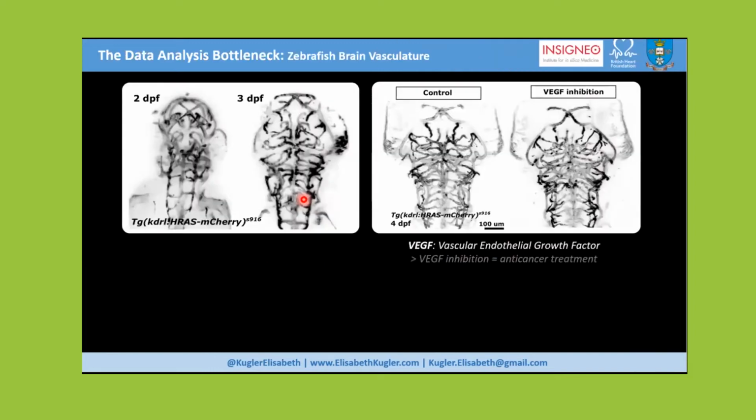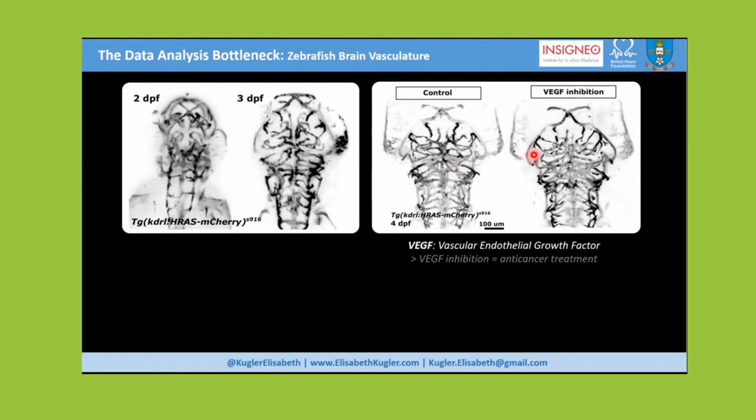One thing that we're really interested in is understanding how the vasculature develops, especially in early embryonic development, because as you can see, there's a lot of changes happening, a lot of growth and remodeling, and a lot of expansion and elaboration of the vasculature. But the place where we especially need data analysis is where we have very subtle changes. This is particularly the case when we look at drug treatments, such as here, where we look at a control fish, which is untreated, and a fish that has been treated with a drug.